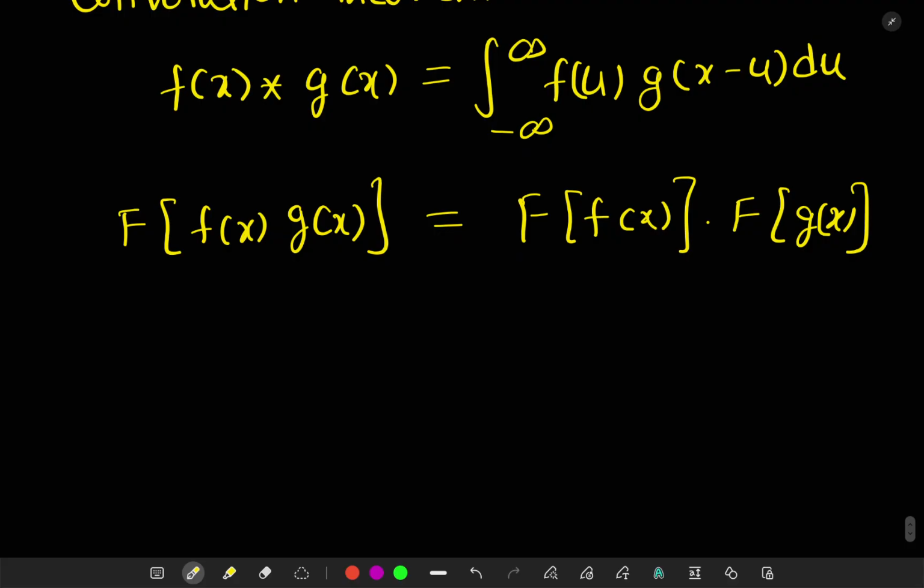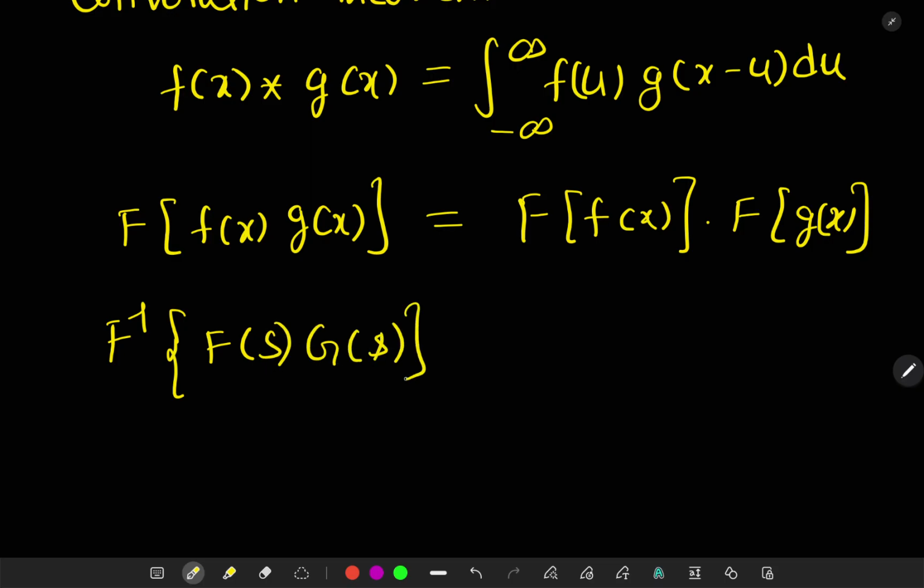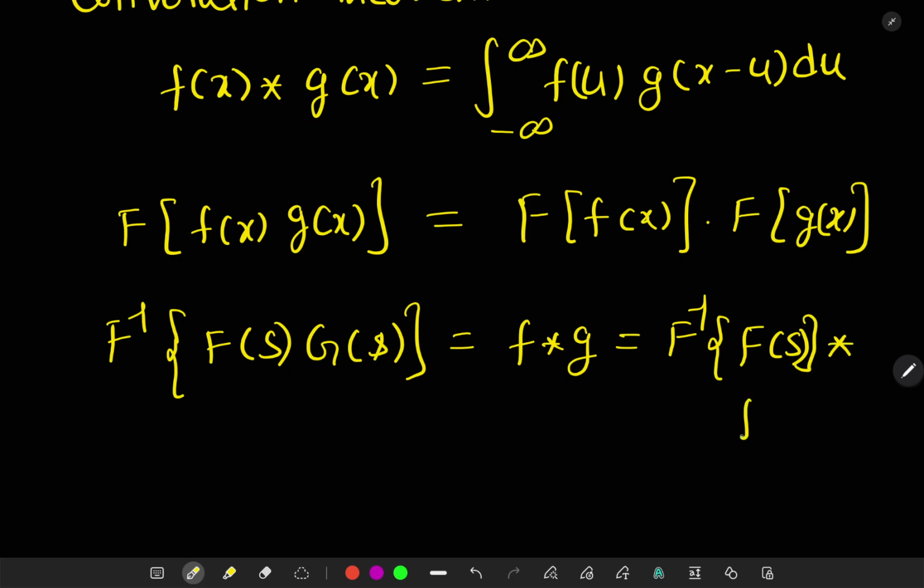For their inverse transformation, we can write here this equals to Fourier inverse transform of f of s into Fourier inverse transform of g of s.